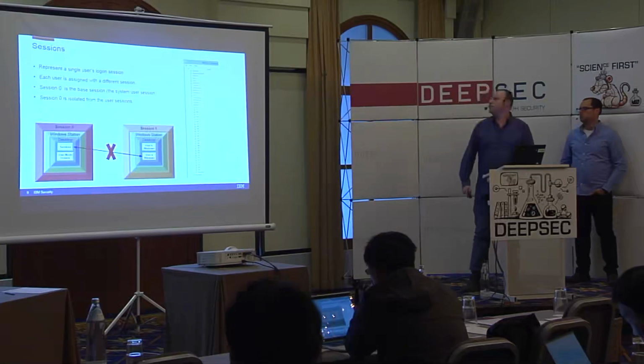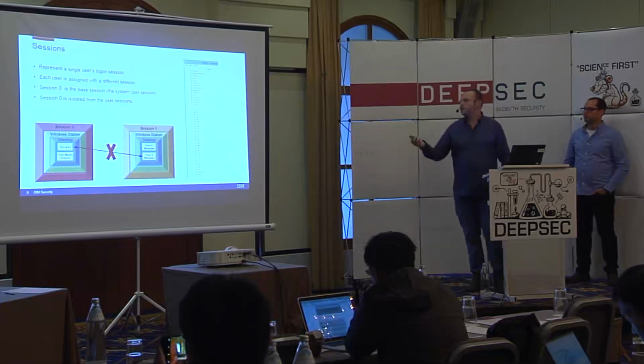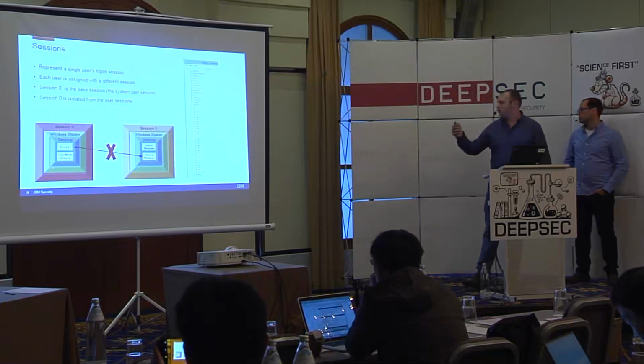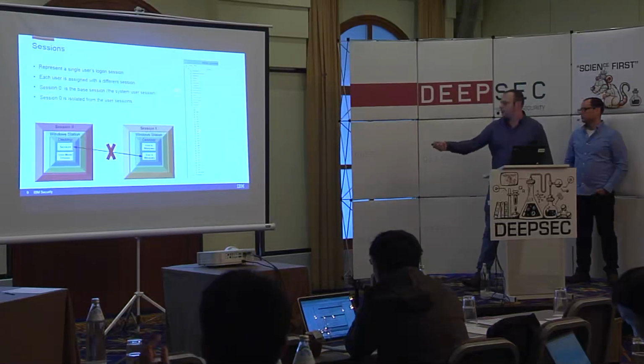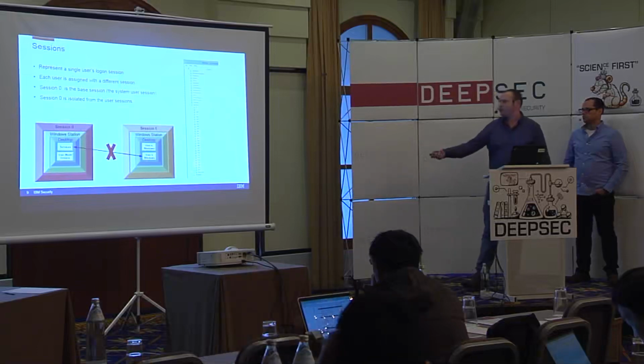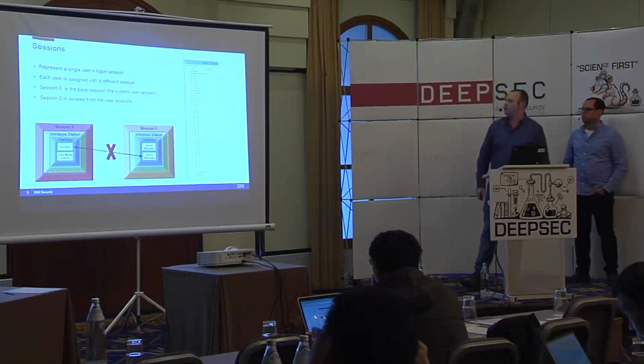So let's talk a little bit deeper about sessions and what they are. Basically they represent a user logon session. If you have many users on a machine, then you will have many sessions. Here in this example, it's a server that has many users connected to it, so there are many sessions that you can see here.